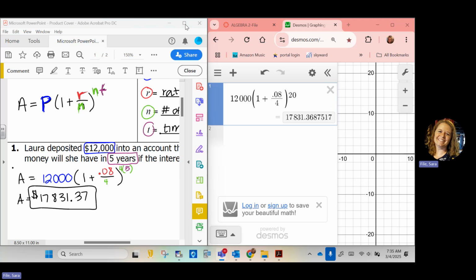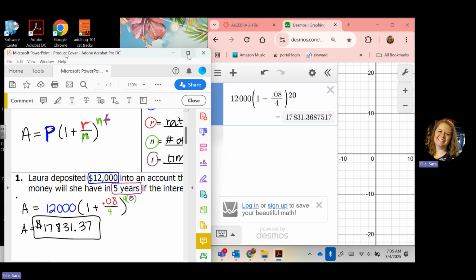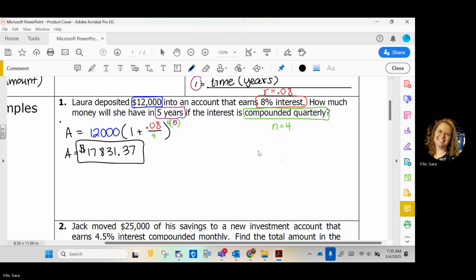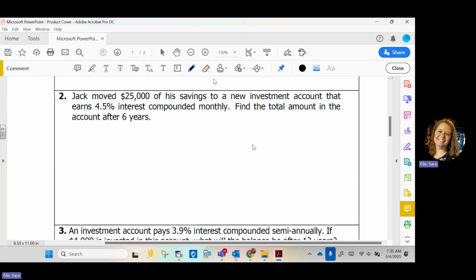All right, so that's pretty straightforward. Let's look at the next one. Says Jack moved $25,000 of his savings to a new investment account that earns 4.5% interest compounded monthly. Find the total in the account after 6 years.